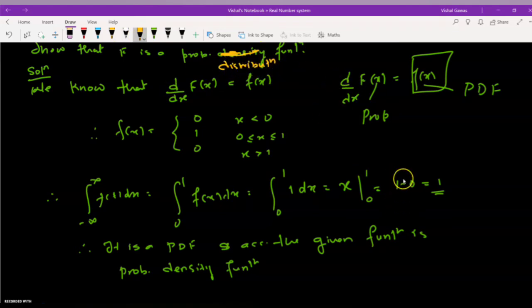So if you show that this is PDF, as in the integral from minus infinity to infinity of f of t is 1, then this becomes PDF. Then this is the corresponding F of x, whose derivative is PDF, and this is nothing but a probability distribution.